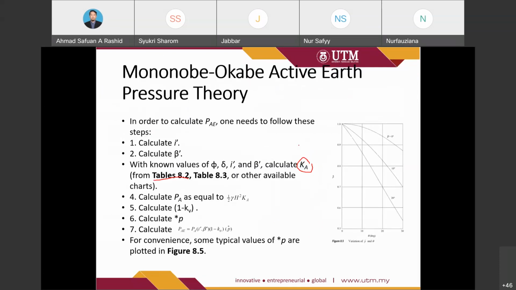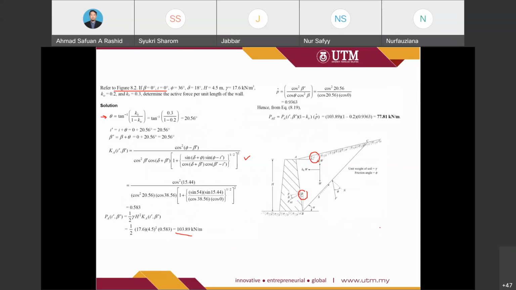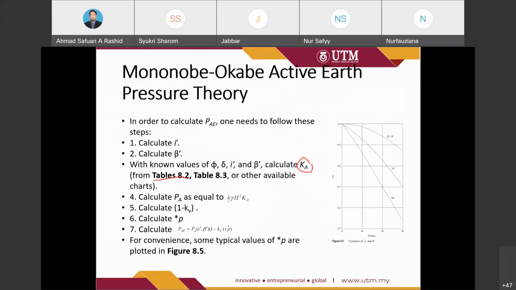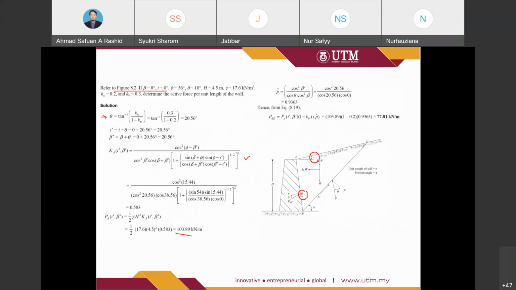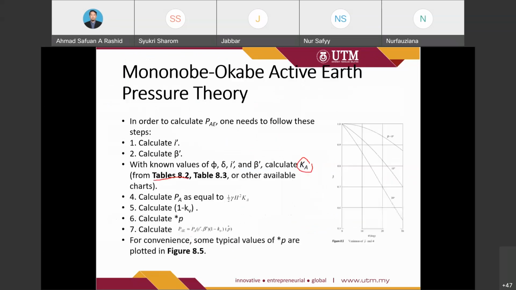So with theta equal to, what is the theta here? Theta is 20.56.